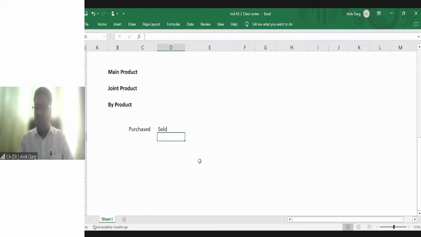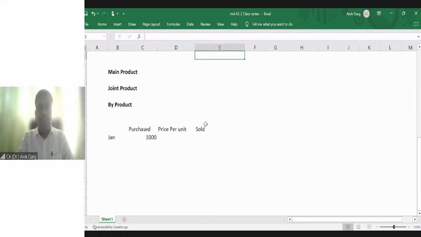Let's say in January, we purchased 1,000 quantities, with a price per unit of 10 rupees.